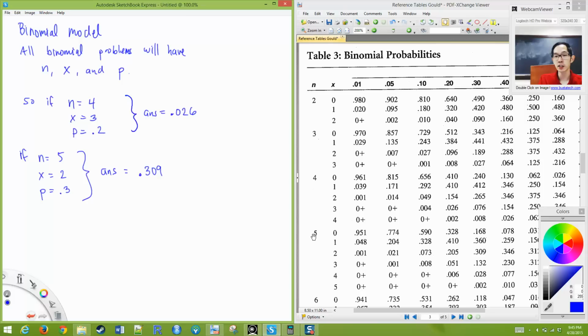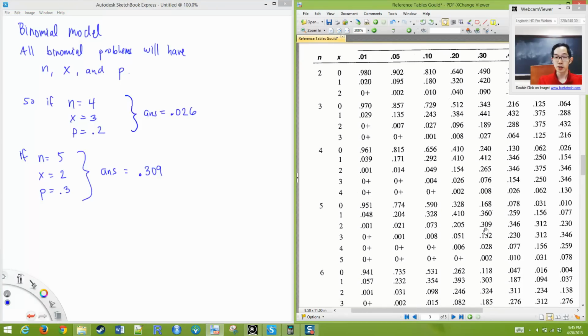Okay, so binomial problems, let me do binomial problem examples. You will flip a coin 5 times.